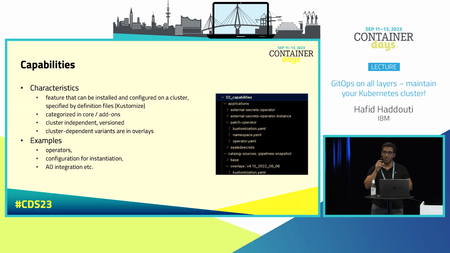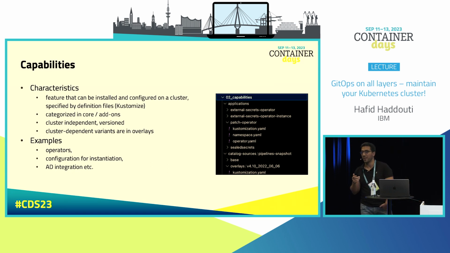And the capability itself is defined in pure, normal Kubernetes manifest files. In our case, we're using Kustomize. Each capability has its own lifecycle and its own versioning mechanism. Important to note here is that the capabilities are usually cluster independent.